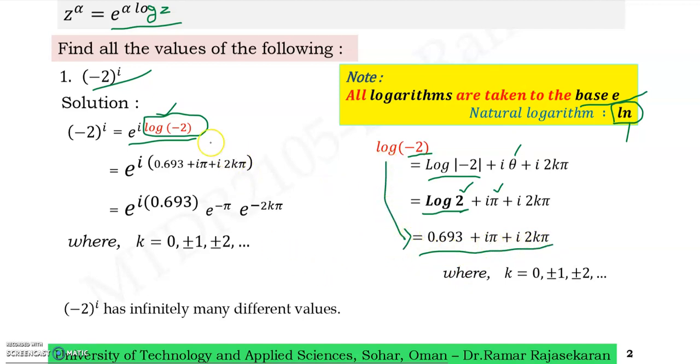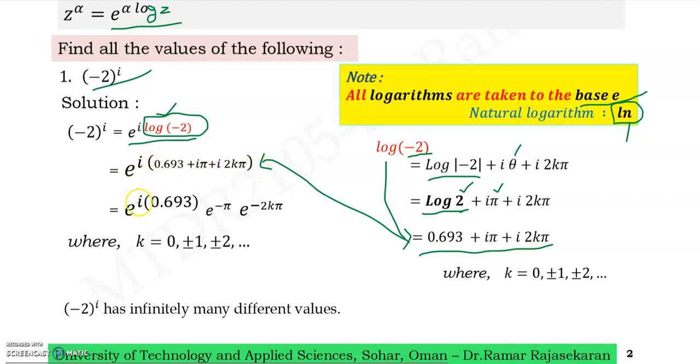Now, we substitute log minus 2 here. So, e to the power i multiplied by this value, 0.693 plus i pi plus i 2k pi. Now, I multiply i with each and every term here.